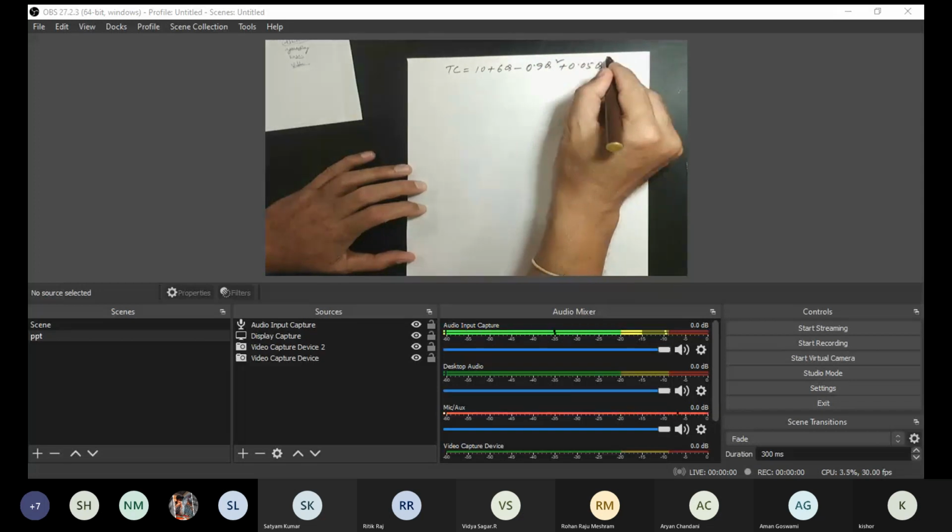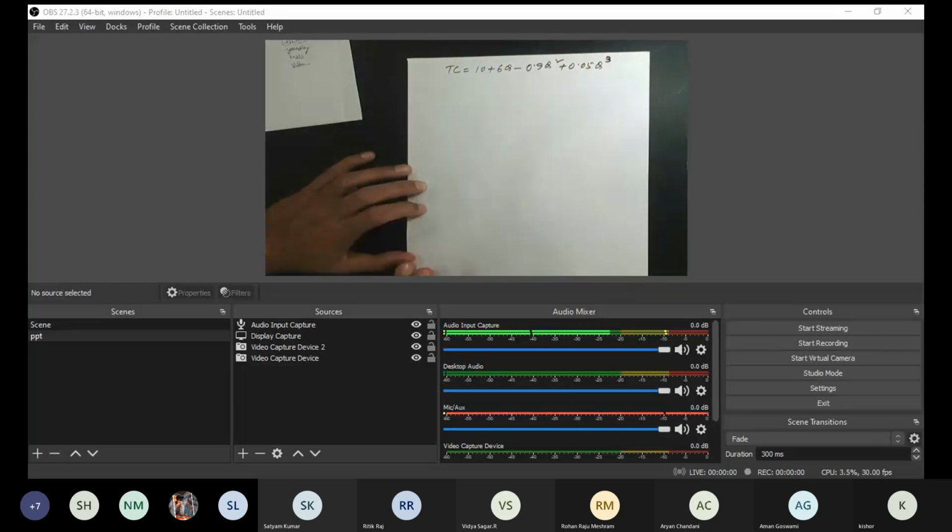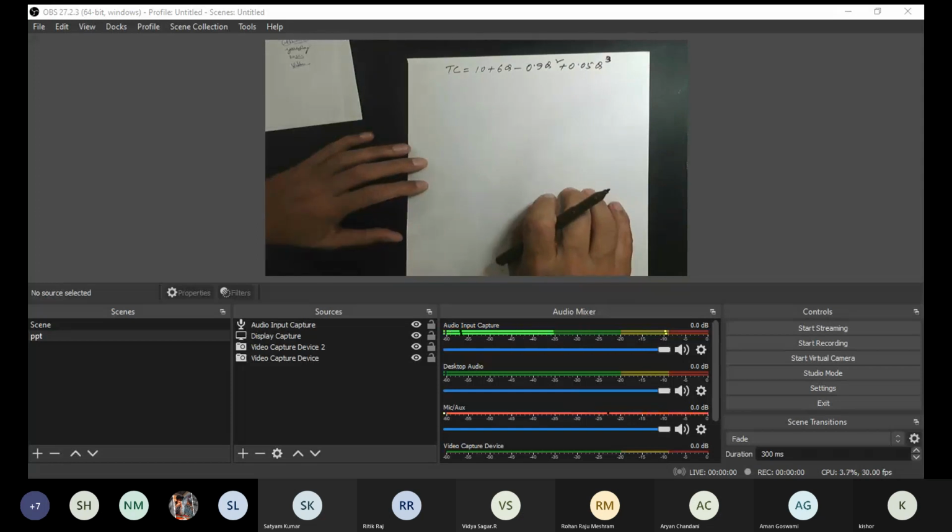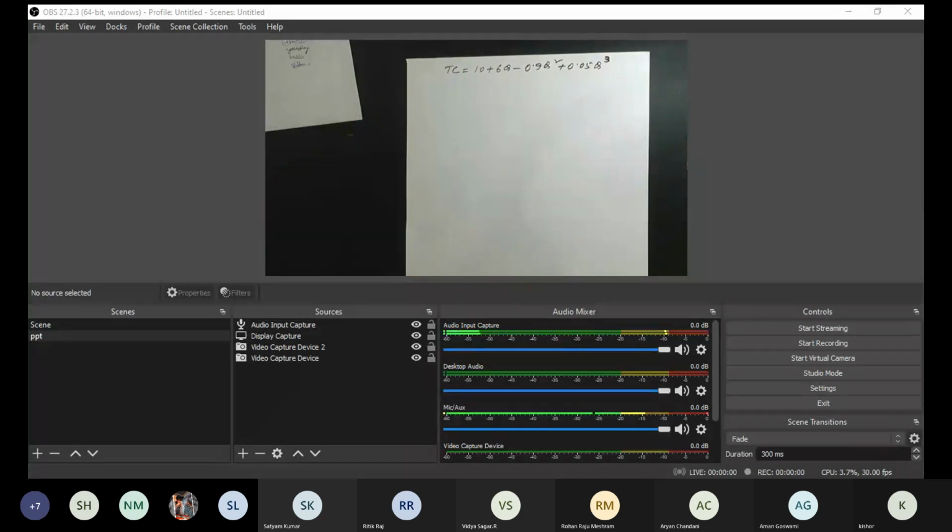And whatever I am discussing is the short-run cost function only. Please remember. So this is your short-run cost function. By seeing that equation, you should understand.